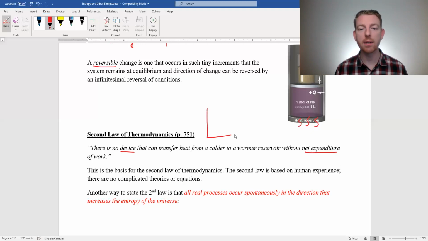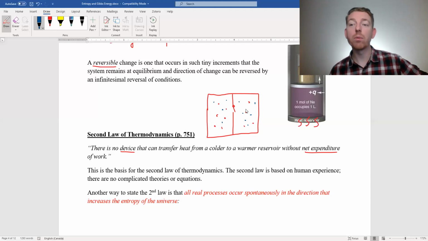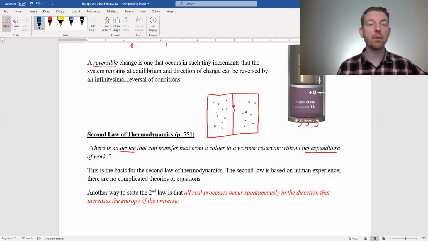So in that idea, if we had just a box with a little trap door in it, and a bunch of hot, fast-moving gas molecules and an equal number of cold, slow-moving molecules, would it be possible to just trap all of the cold ones on one side and all of the hot ones on the other side?